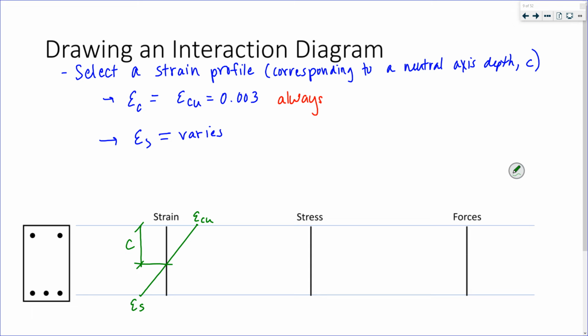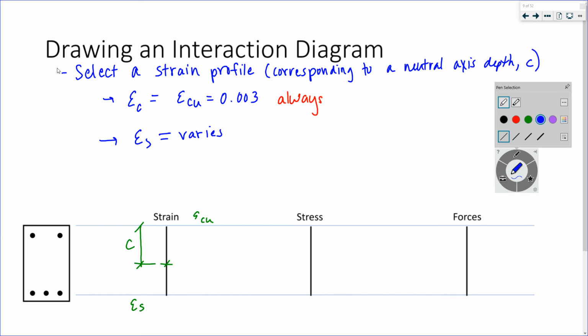This is going to result in, I never drew that in green before. Sorry.